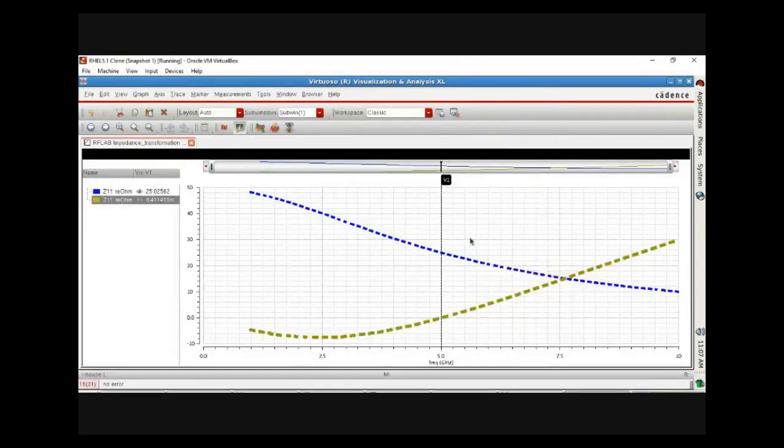All right. Now you can see again the cursor is exactly at 5 giga, and you can see the impedance at 5 giga.